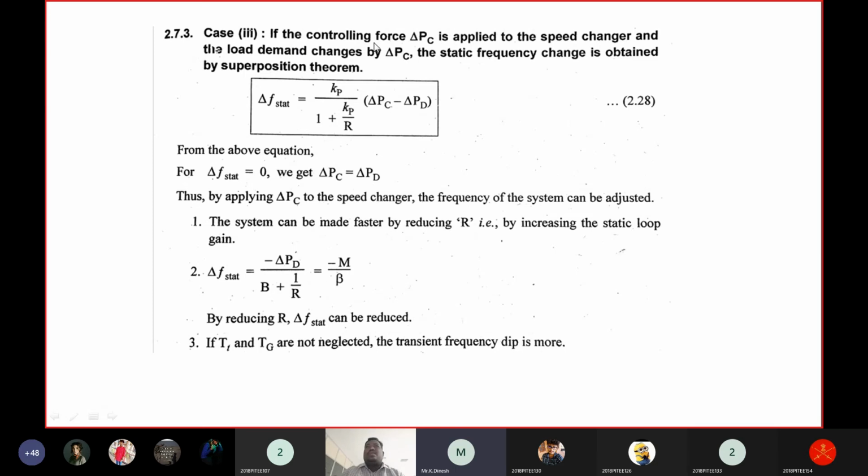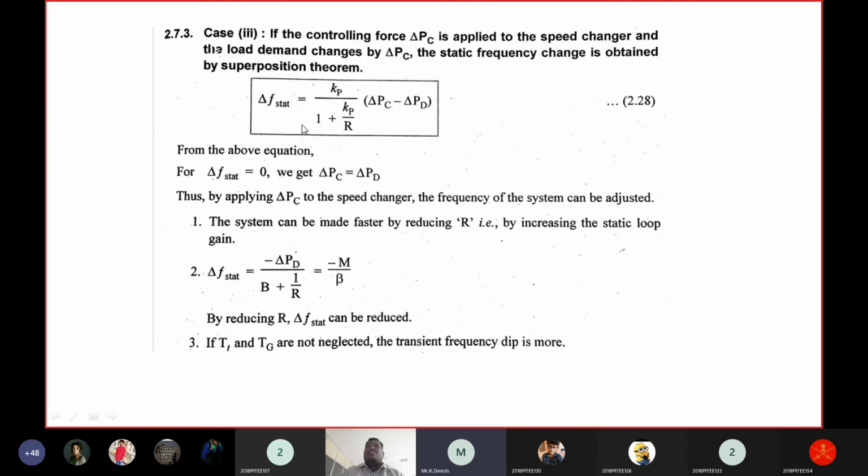And the third case: if the controlling force del PC is applied to the speed changer and the load demand changes by del PD, the static frequency change is obtained by the superposition theorem. So this is how to apply the cases, that is, the change of incremental input from del PC to del PD.